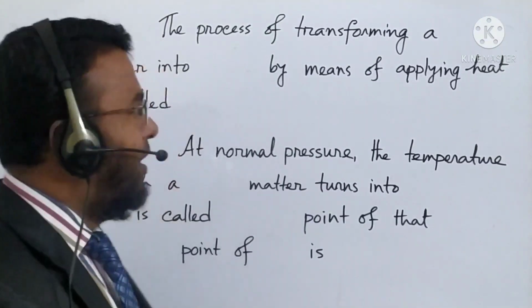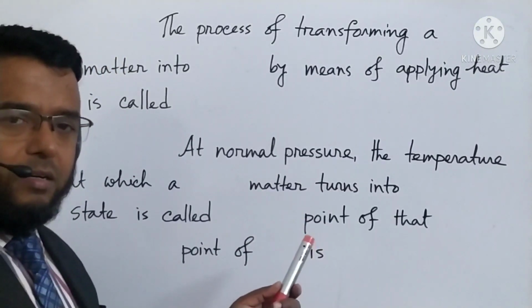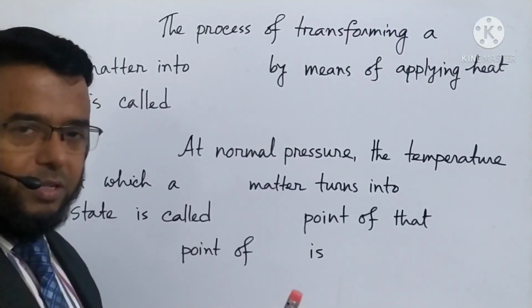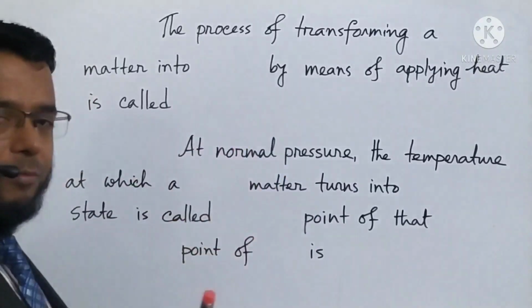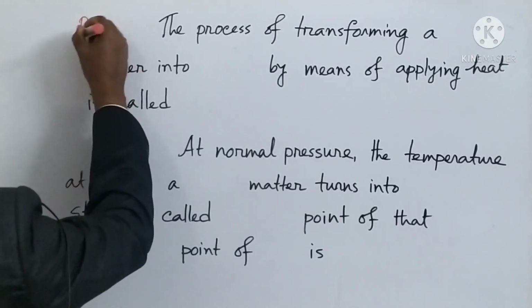Okay, dear students, now we have given the melting and melting point. Now boiling and boiling point. Just there is a difference. All of you see that. First one is what is boiling.